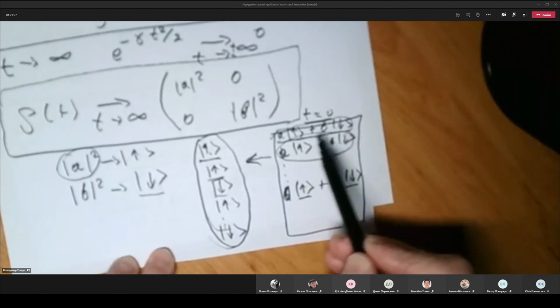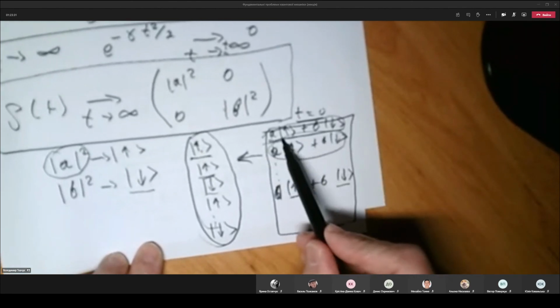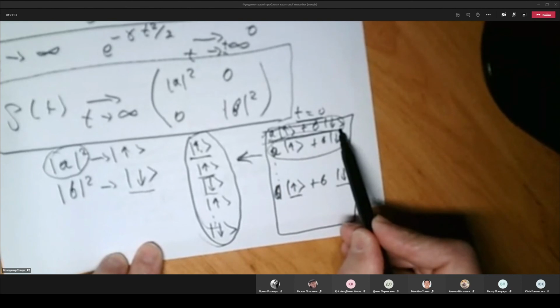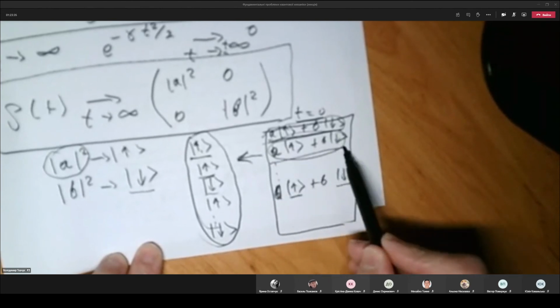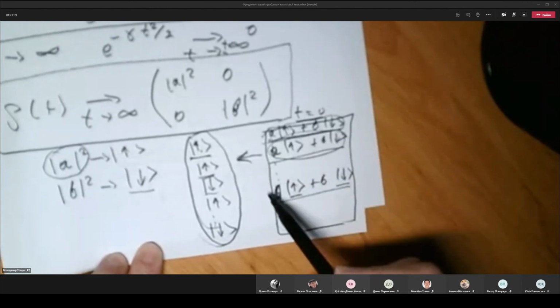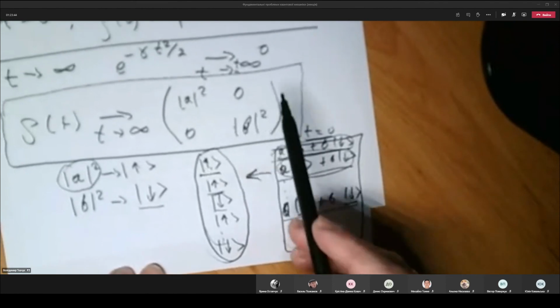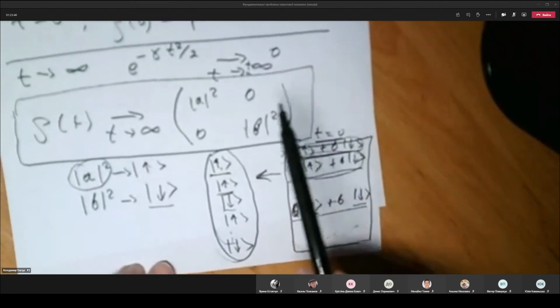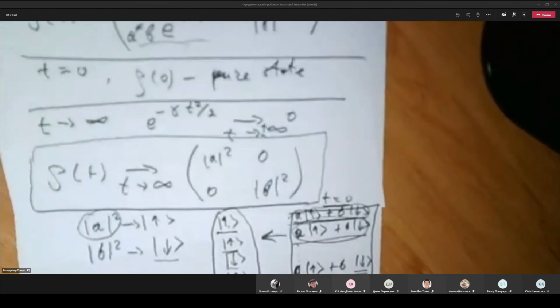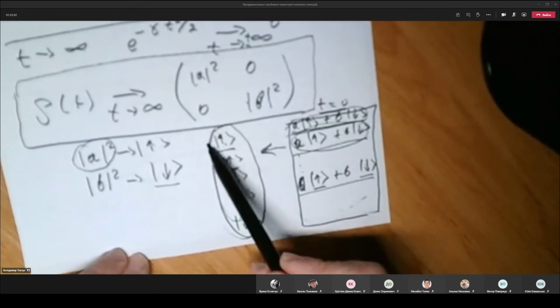I would like to stress this result once more. Here we have a coherent state. The first spin is in a coherent state, the second spin is in a coherent state, and so on. So the density matrix which corresponds to this pure state is written here. And after evolution, we obtain this state.